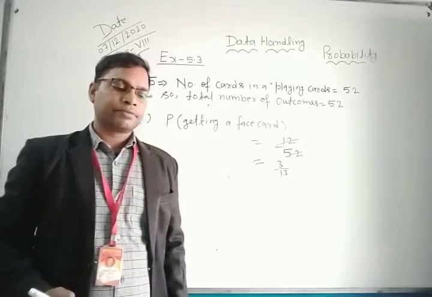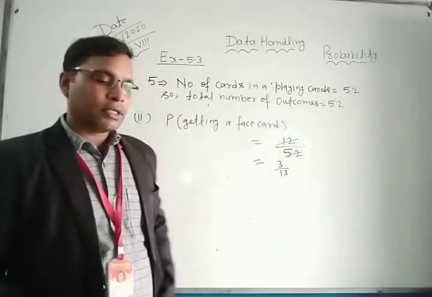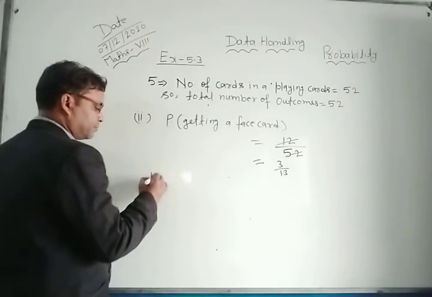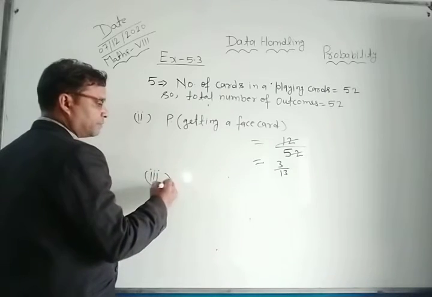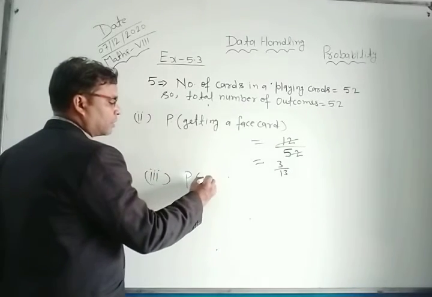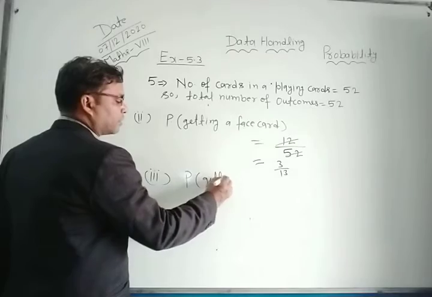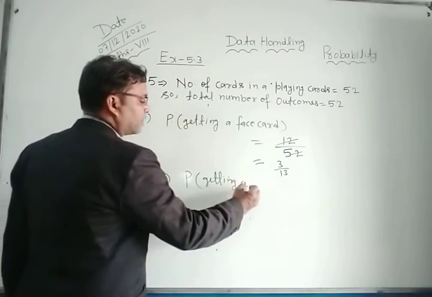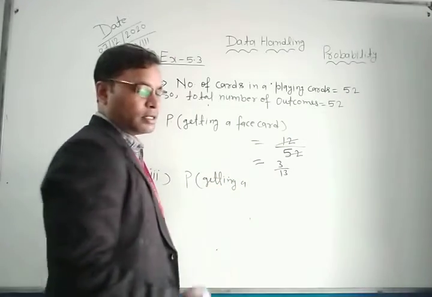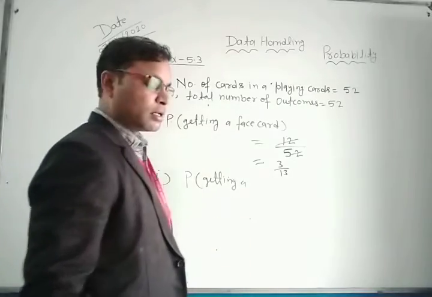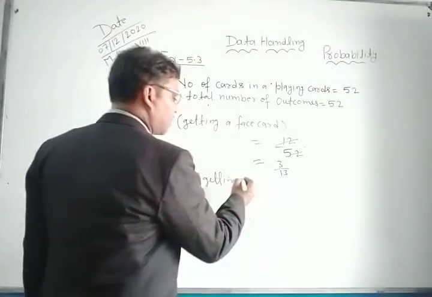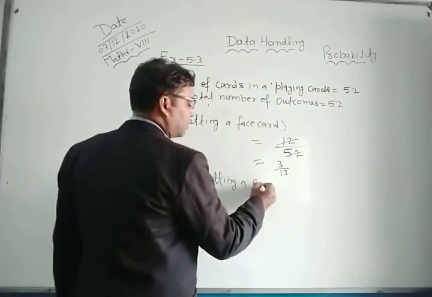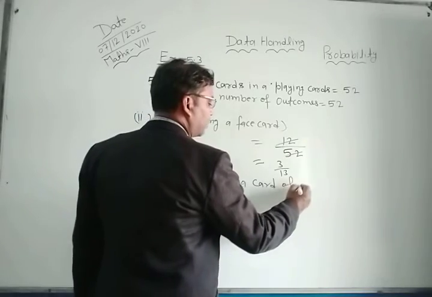Now the third part: you need to find the probability of getting a card of heart.